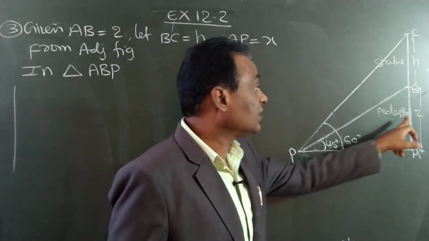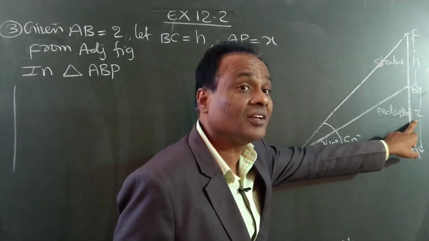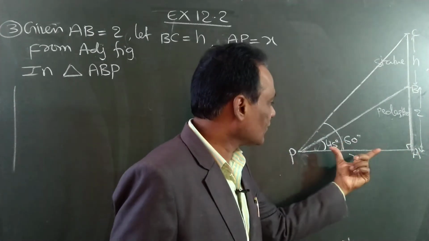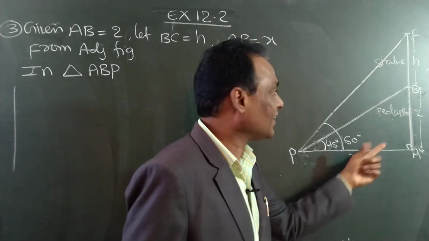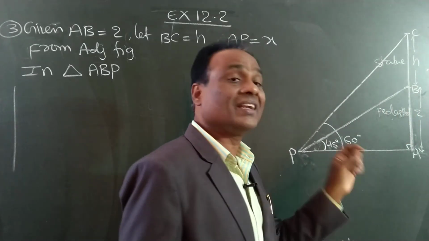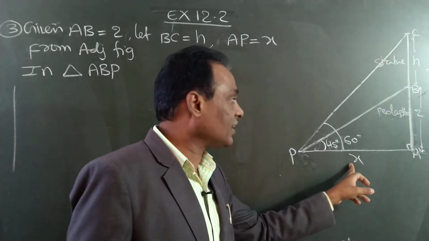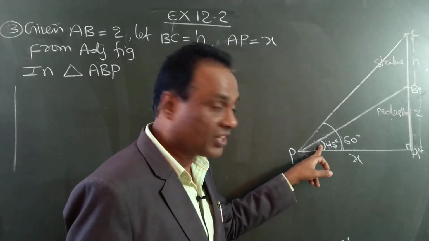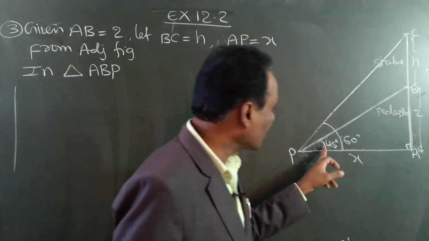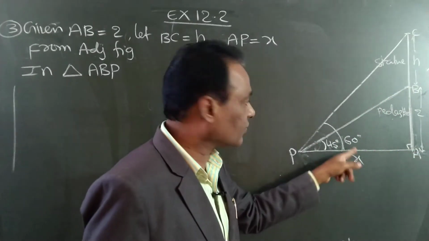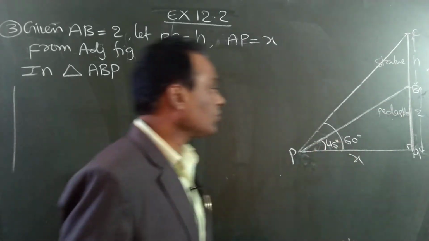So what is the name of this side? Opposite side. What is the name of this side? Adjacent side. Opposite by adjacent is what ratio? Tan. Angle is 45 degrees for the smaller triangle; for the bigger, complete triangle, it is 60. Now I am taking the smaller triangle.